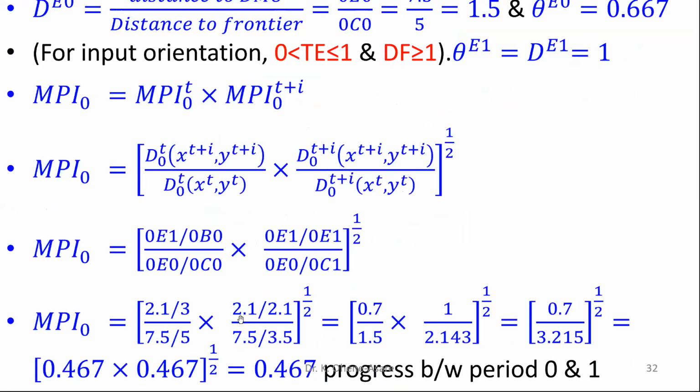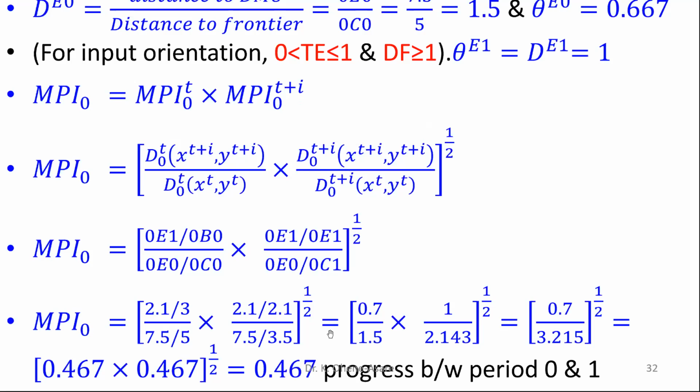This was the one we had before, 2.1 over 2.1, 7.5 over 5, and then the cross period, 7.5 over 3.5. Again, you can see that one here, OE0 over OC1, the one you just did.